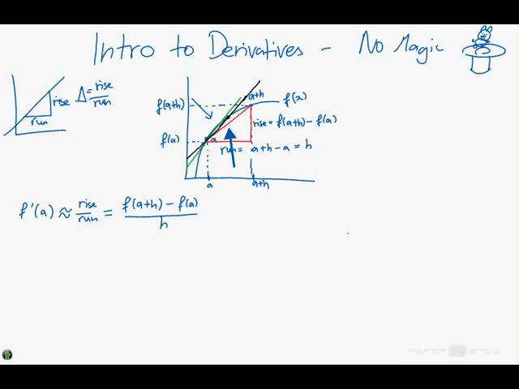Do you see that the black line is a better approximation than the red line? So a key bit of learning here is that our estimate gets better as h gets smaller. Okay? Cool.